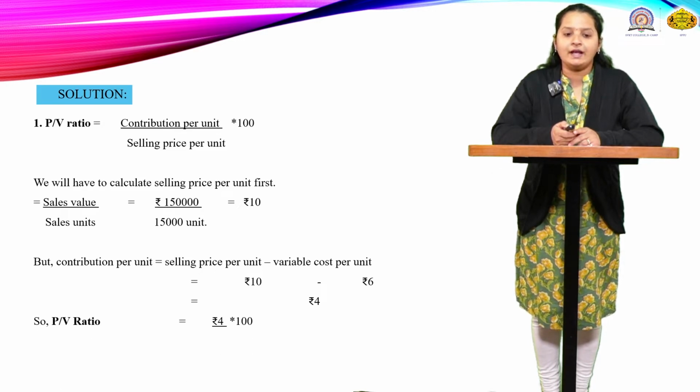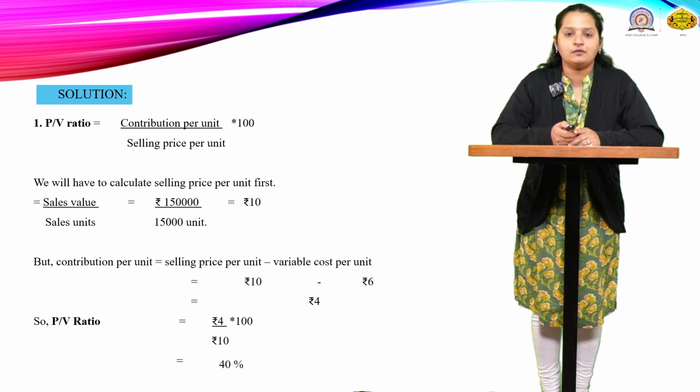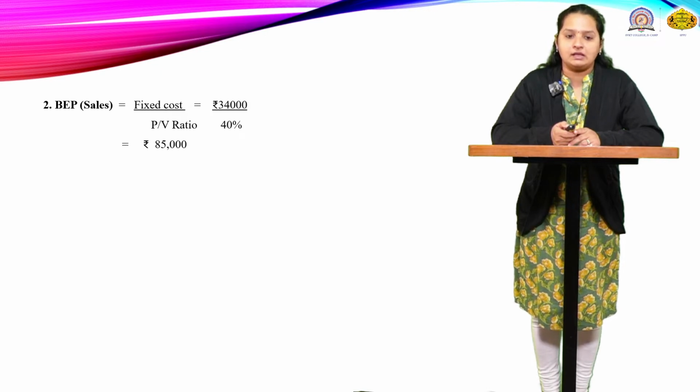So we can easily calculate the PV ratio, which is contribution per unit, rupees 4, upon selling price per unit, rupees 10, into 100, and the PV ratio that we get is 40%.